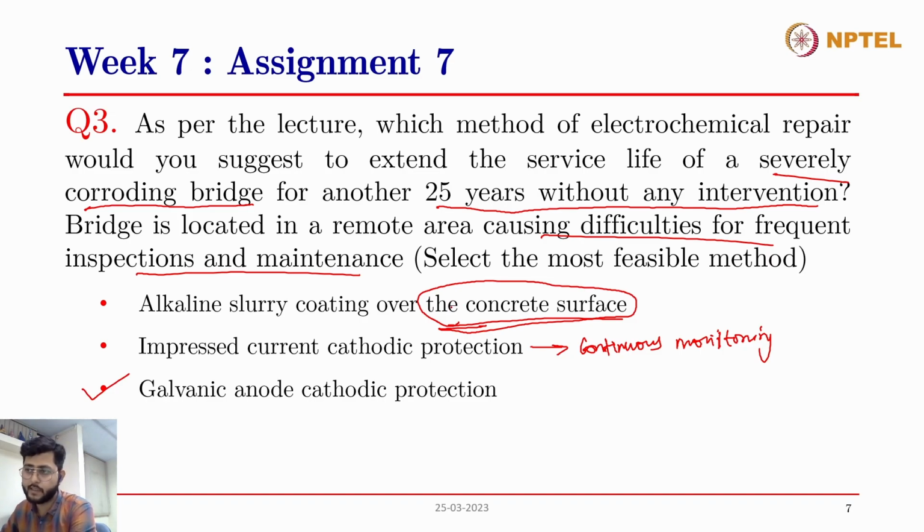Providing an alkaline surface coating on the concrete won't help, because that won't protect the rebar from getting corroded. That won't provide an alkaline environment around the rebar. So this alkaline slurry coating is done on the rebars and not the concrete surface.